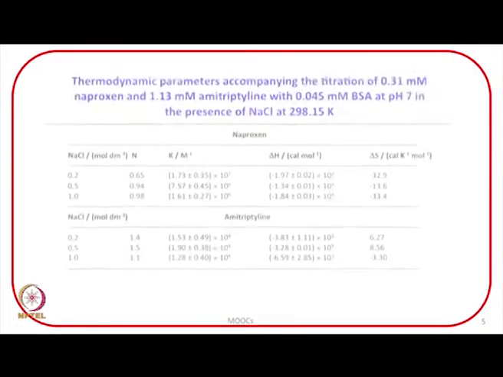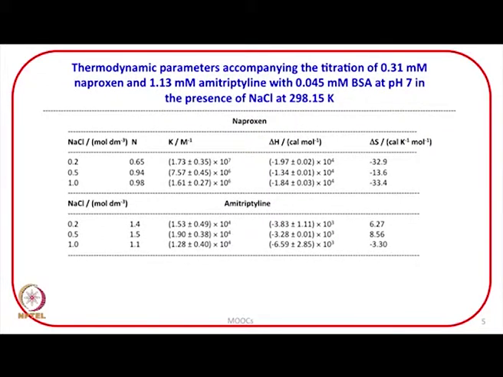Now, let us take a look at how the binding data gets affected when the concentration of sodium chloride is increased in solution. Let us first take a look at the binding of naproxen.